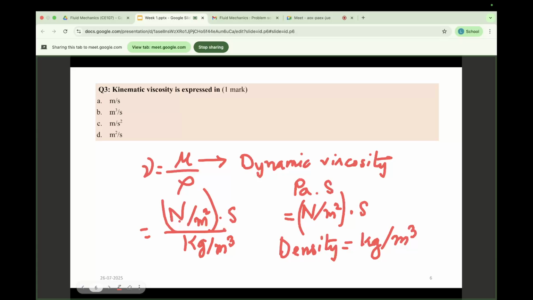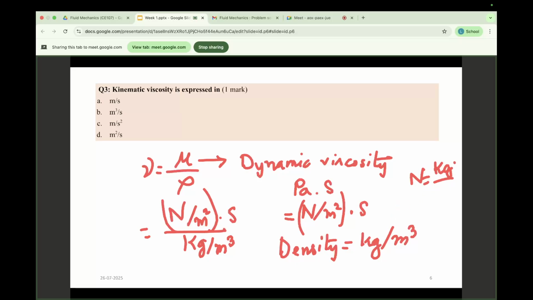We also know Newton is the unit of force. Force means mass into acceleration, sorry, I just said it wrong.